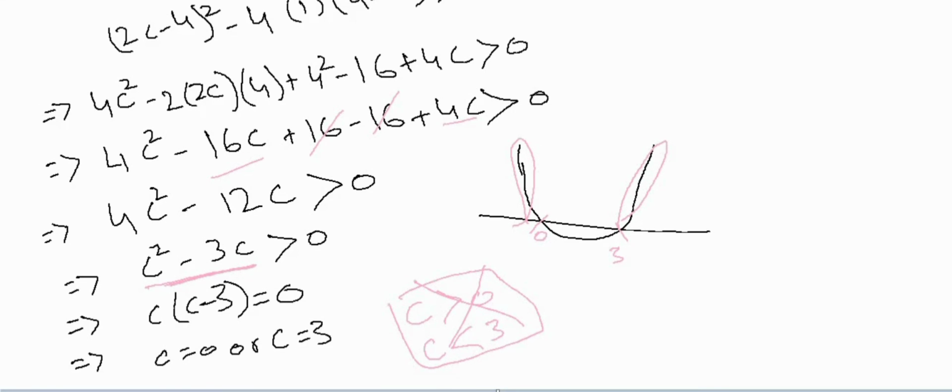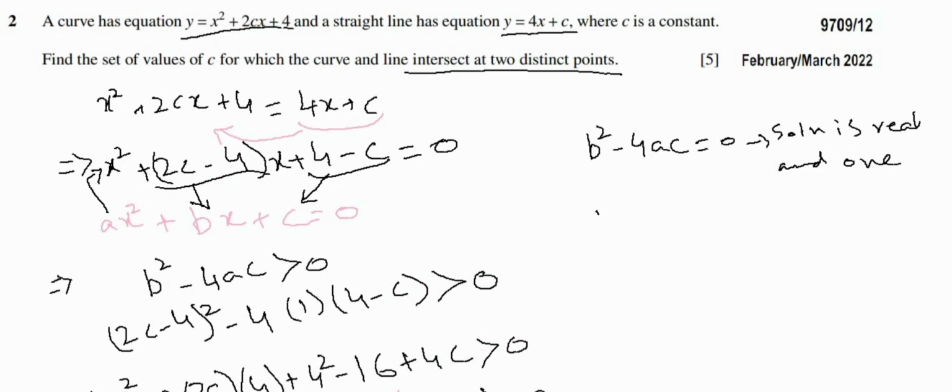Okay, so now what is the answer? When we solve this inequality, it becomes c must be less than 0 and c must be greater than 3. Only in this way can we have a real solution with two distinct values.